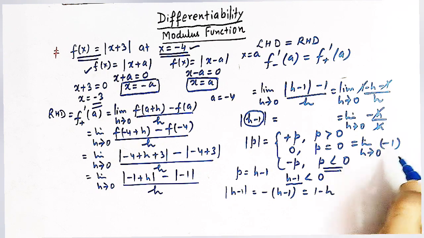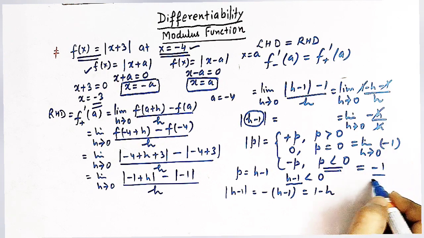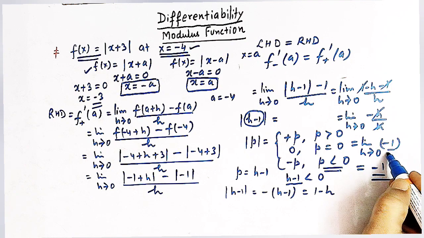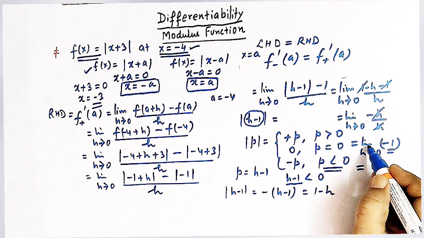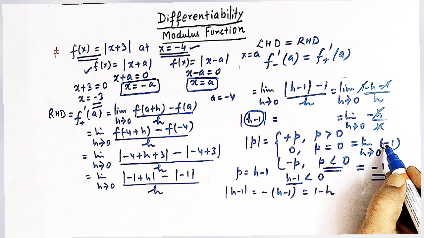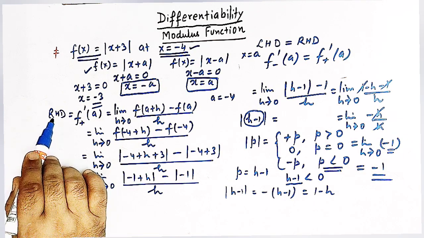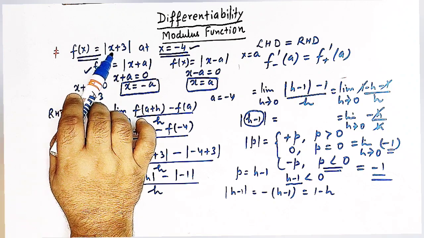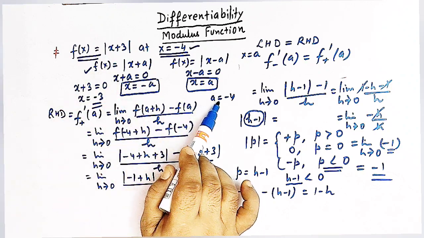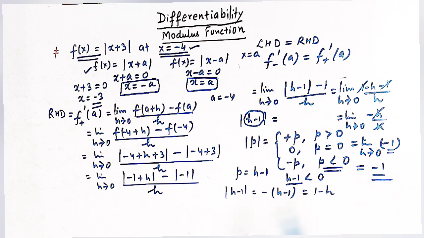We are left with minus 1. So this is minus 1 because this is independent of h. So limit h tends to 0 minus 1 is minus 1. So the right hand derivative of this function at this point is minus 1.